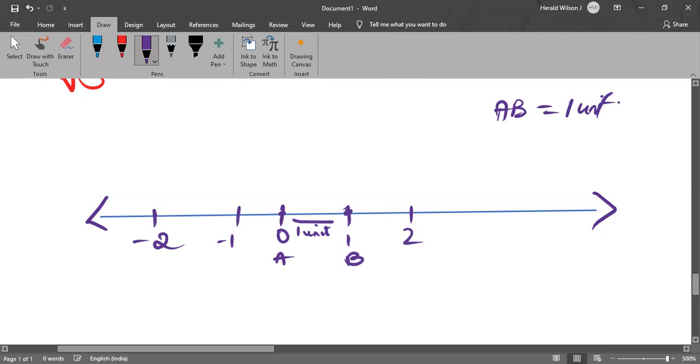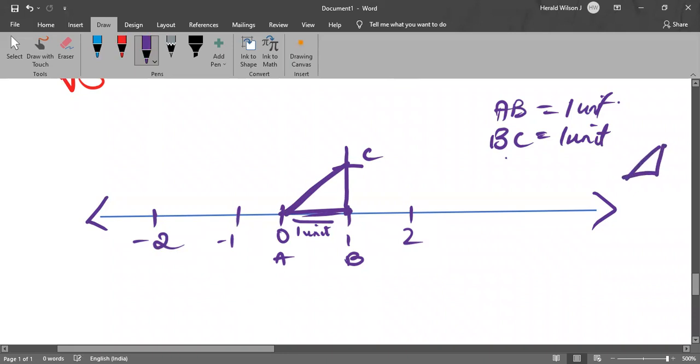Now draw a line from B using your scale, measure 1 unit using your compass and cut an arc. This point is C. So BC is equal to 1 unit. Now join AC. So this will give you a right angle triangle.